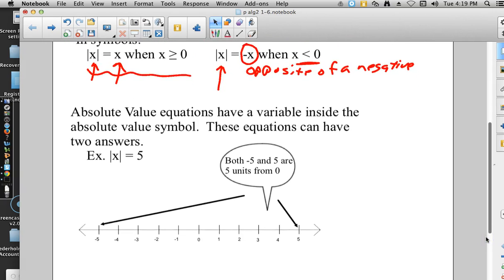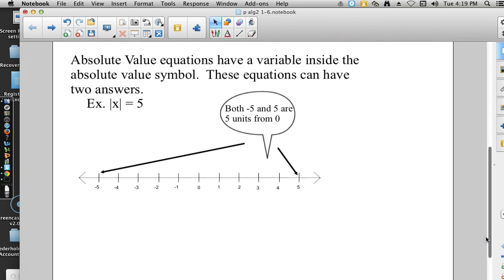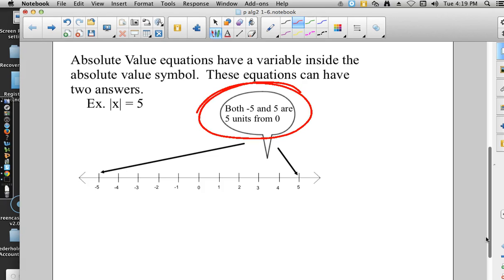So absolute value equations have a variable inside the absolute value symbol, and these equations can have two answers, and we have a little example there. I ask you for something that has the absolute value equal to 5. Well, there are two of them. -5 and 5 are both 1, 2, 3, 4, 5 units away from 0. So this distance stays the same.